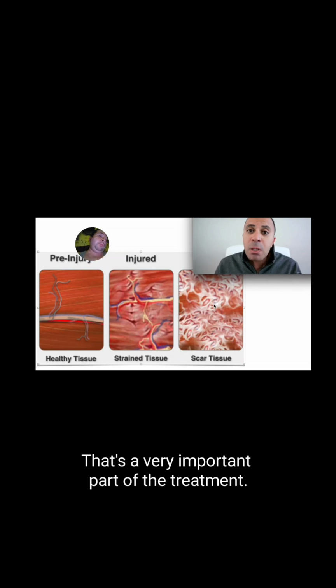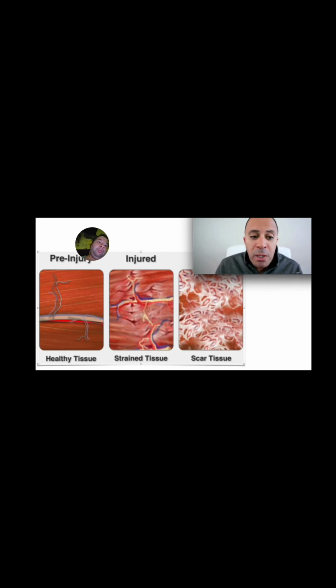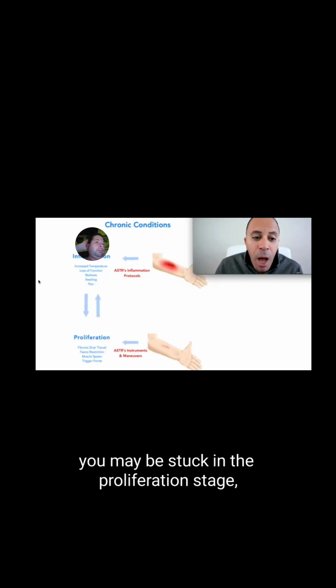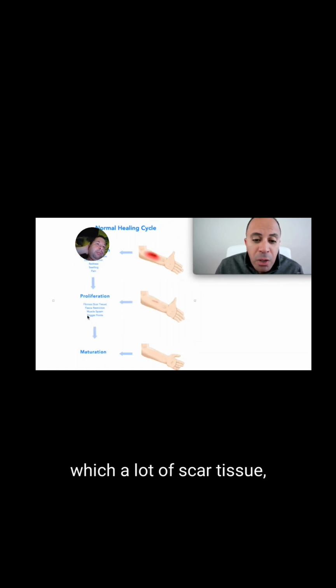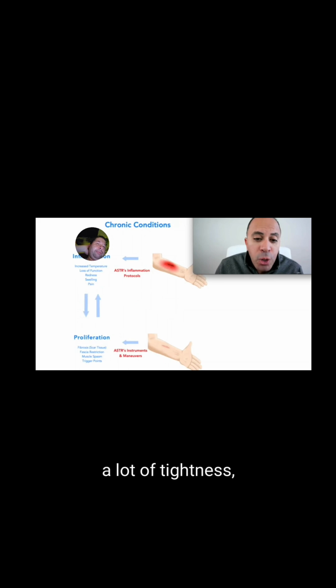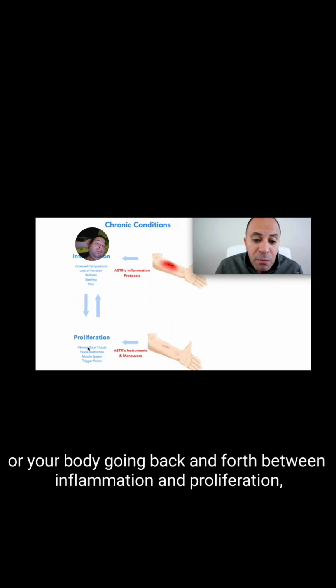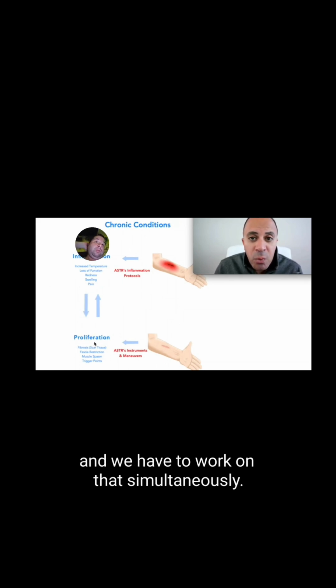That's a very important part of the treatment. So with occipital neuralgia, you may be stuck in the proliferation stage, which means a lot of scar tissue and a lot of tightness, or your body is going back and forth between inflammation and proliferation, and we have to work on that simultaneously.